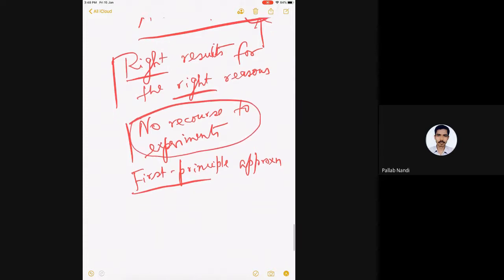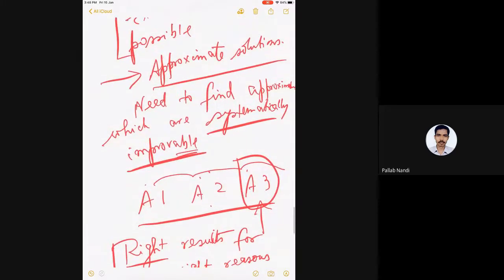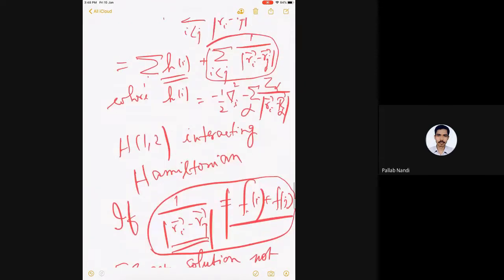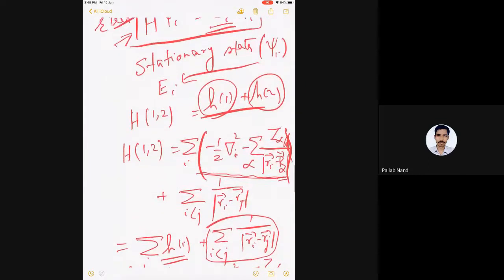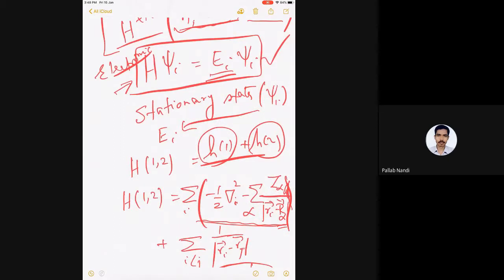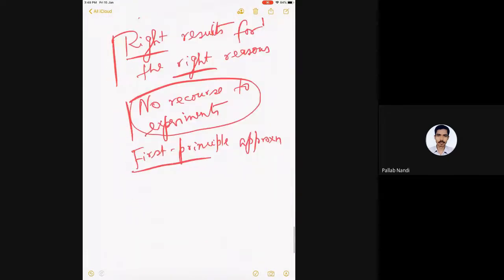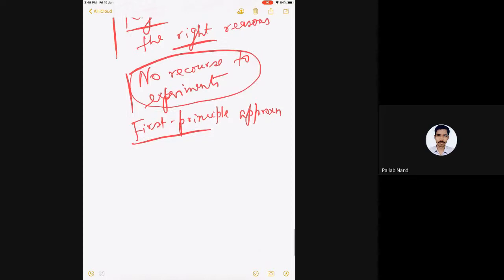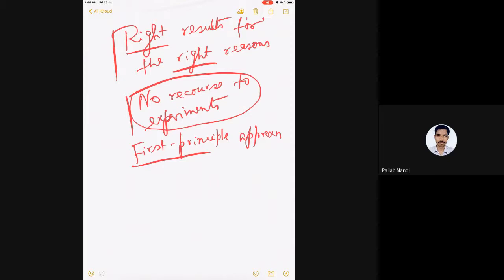Of course, numbers, results that we get will be compared with the experiment. Results that we get will be used for prediction of new experiments. But the theory per se, to obtain the solution of this electronic part of the Schrodinger equation, we will not use any experimental numbers. The semi-empirical theories actually used to use the experimental numbers, but we are not going to do this. So in that sense, this will be called the first principle approximation.